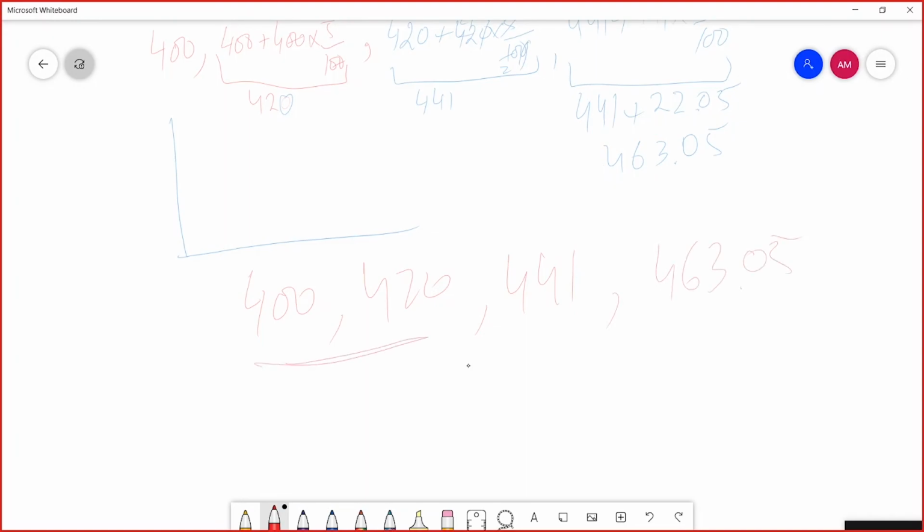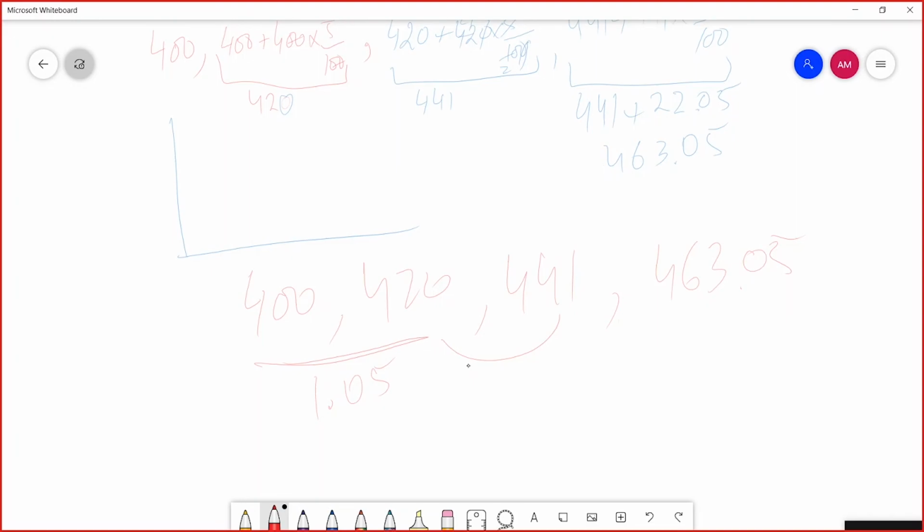Now we divide 420 by 400. If I divide that, it gives me 1.05, right? Yep. And now I divide 441 by 420.